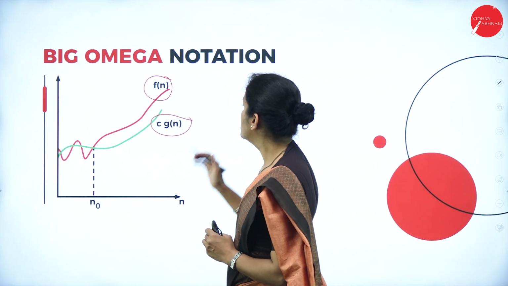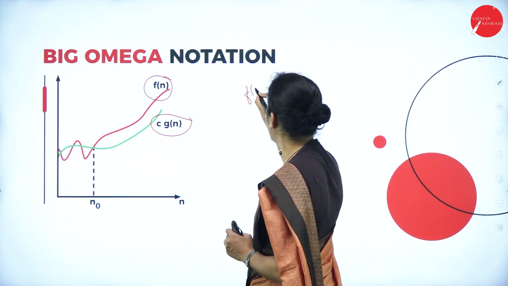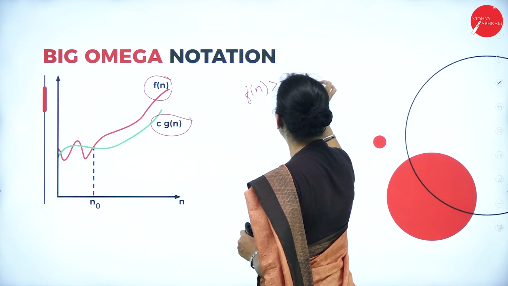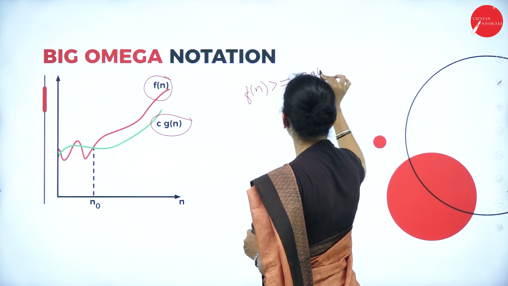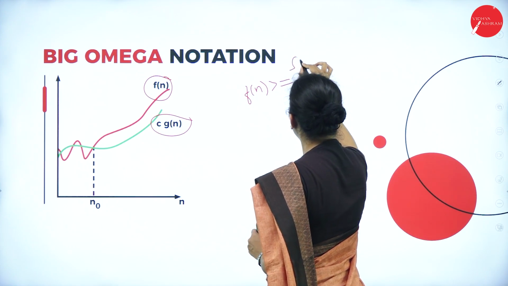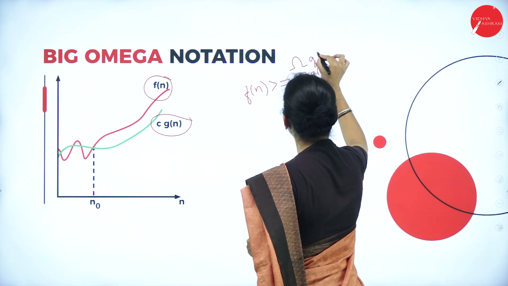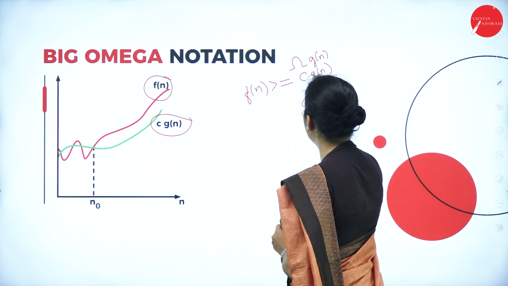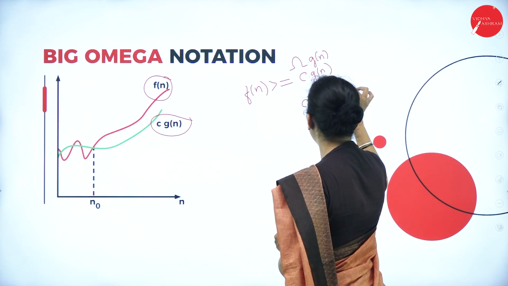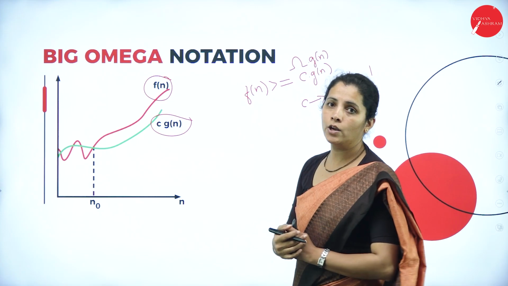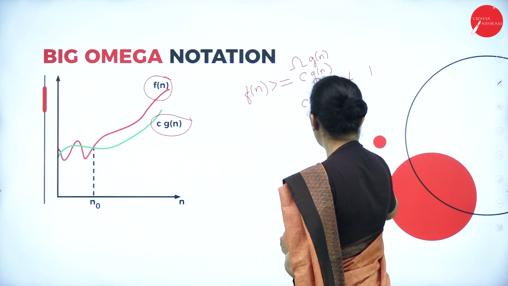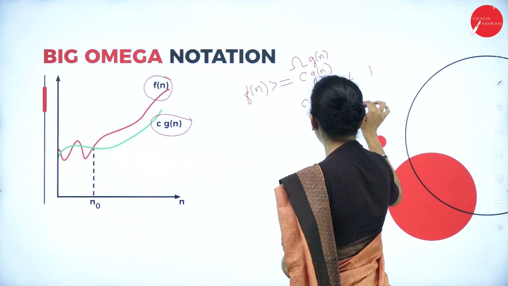Let me write that f of n must be greater than or equal to C of g of n. Here f of n is nothing but omega of g of n, where C is nothing but a constant value which is greater than or equal to 1, n greater than or equal to 1, that's nothing but k is greater than or equal to 1.